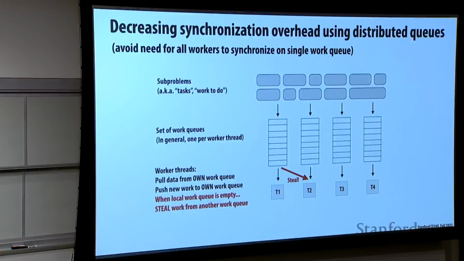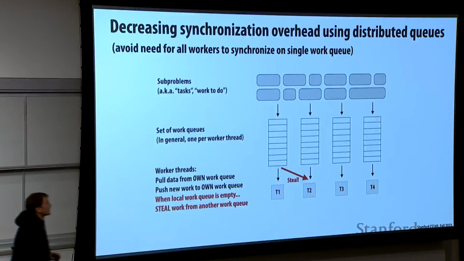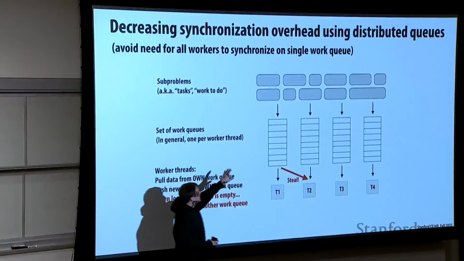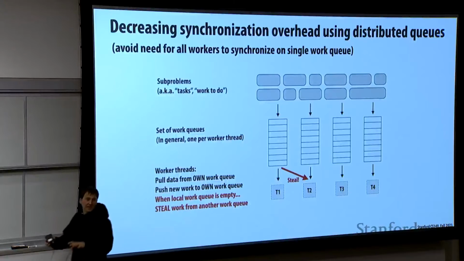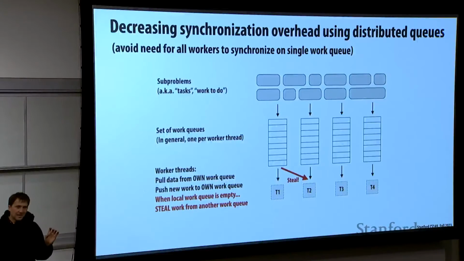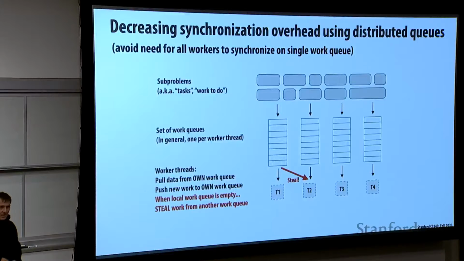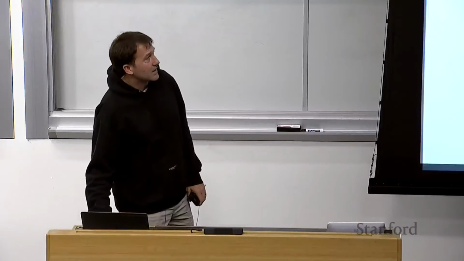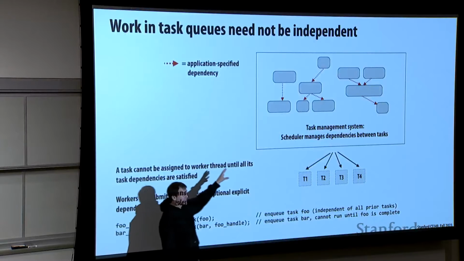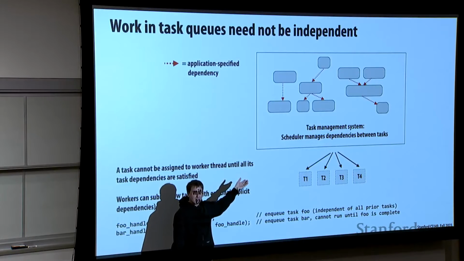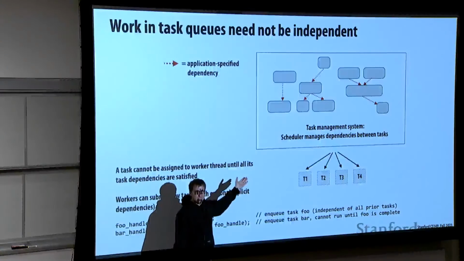But the other thing I wanted to point out, something you will do for your assignment, is that so far in this lecture, all the pieces of work that we threw into the queue were independent. You could process them in any order and it didn't matter. Something that's very common in many systems is that many pieces of work might be executed in parallel and might be independent, but there are dependencies between some of them.